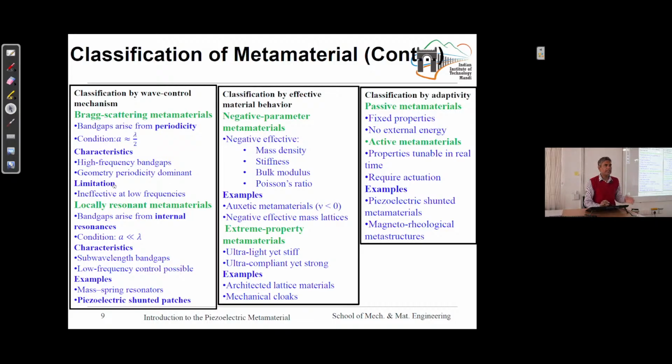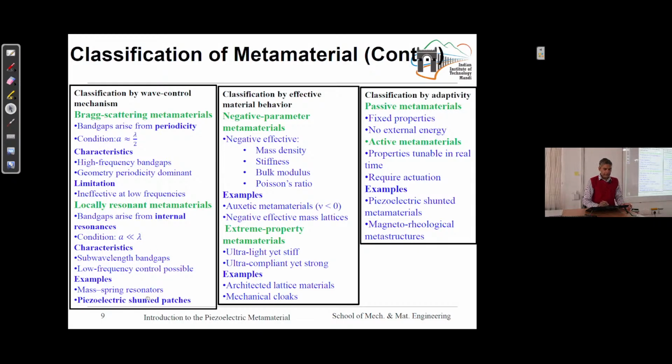When we have low frequency waves, we cannot use the Bragg scattering concept. Then we use locally resonant metamaterials, and an example of a locally resonant metamaterial is the piezoelectric material. In that case, the size of the piezoelectric meta atom has to be very much less than the wavelength of the wave.